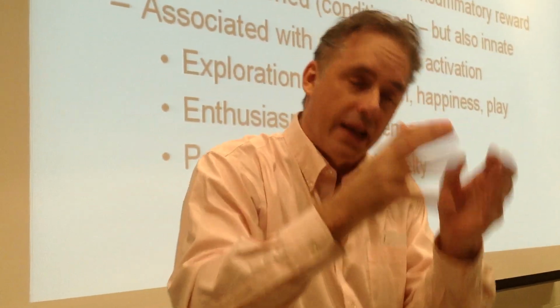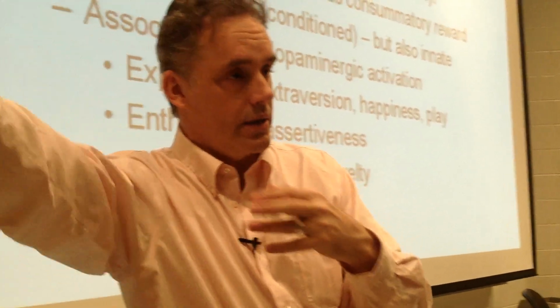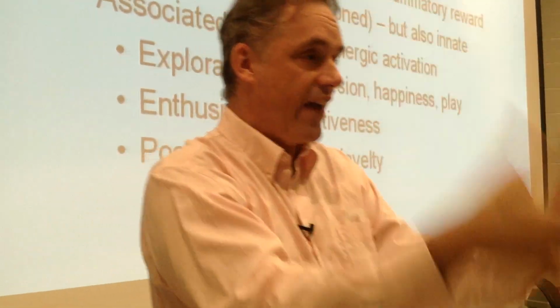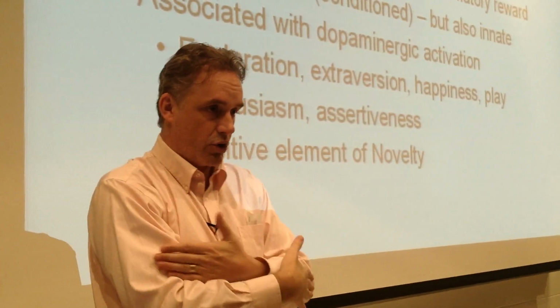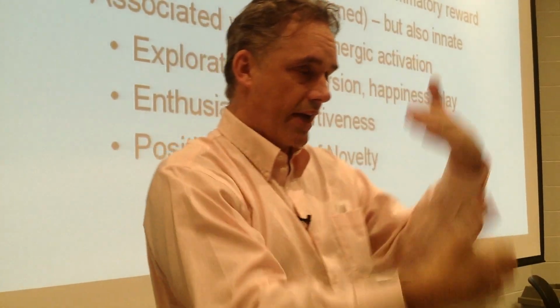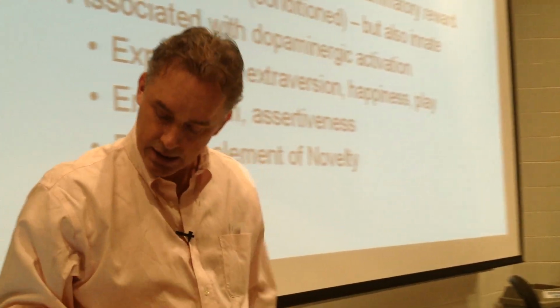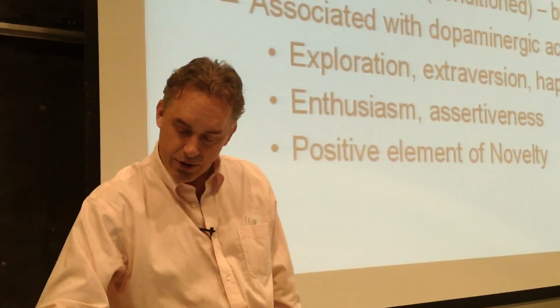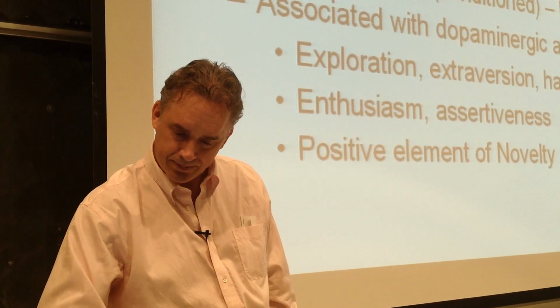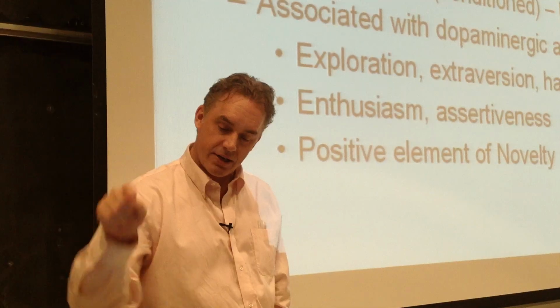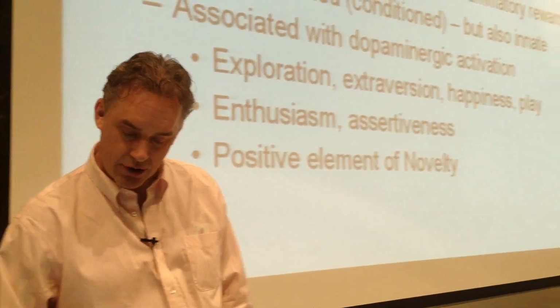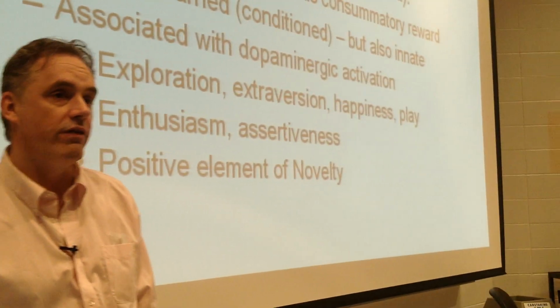And so, again, if you're pursuing an identifiable goal, and you fail, then you're going to back off, that's negative emotion, then you're going to start to explore. And that's that dopaminergic circuit. What's associated with dopaminergic activation? Exploration, extroversion, happiness, play, enthusiasm, assertiveness, and the positive element of novelty.